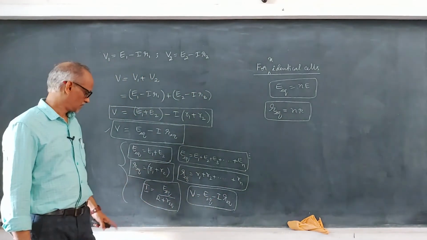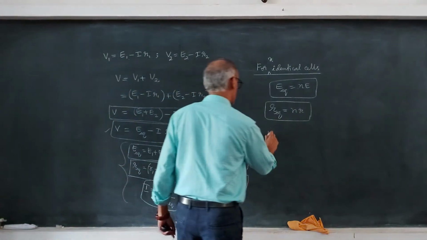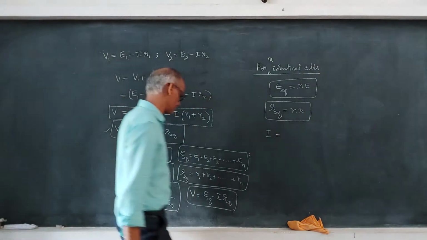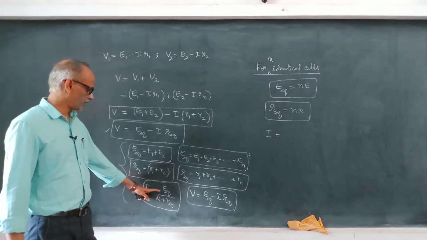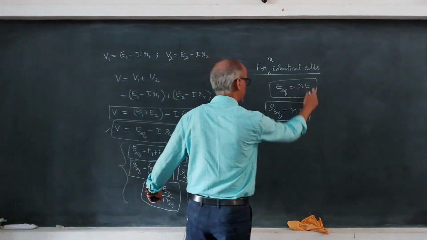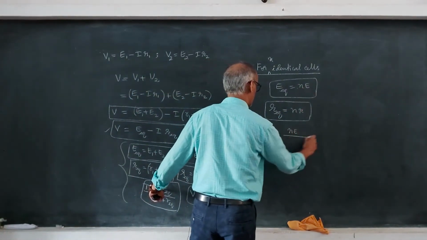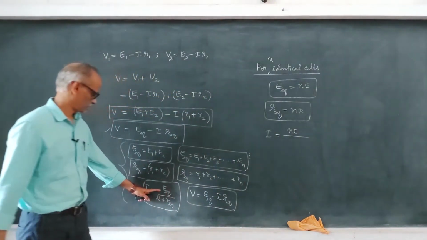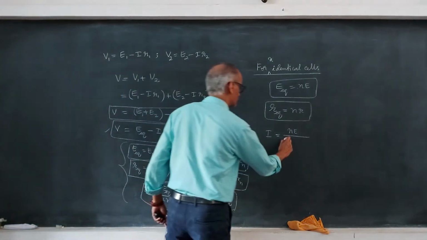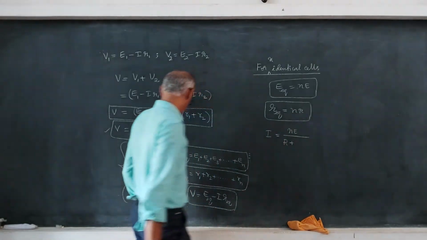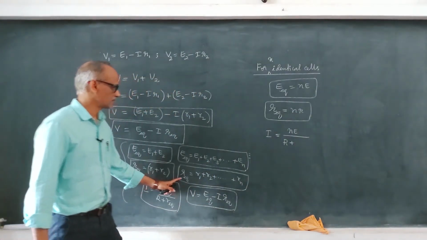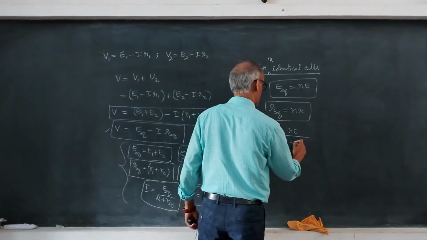And now the formula for the current, I is equal to E equivalent, which is nothing but nE, n into E, divided by R plus R equivalent, which is equal to n into R, nR.